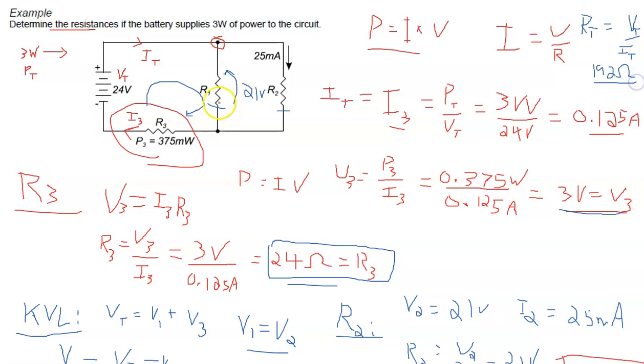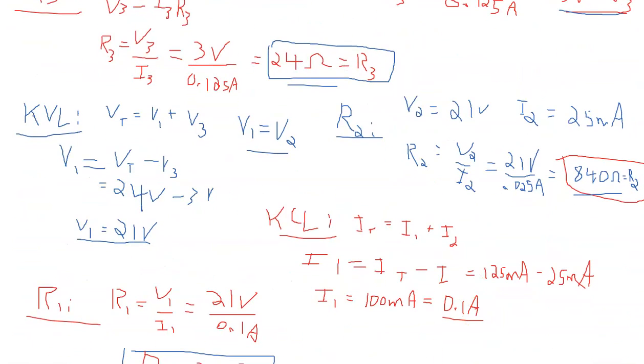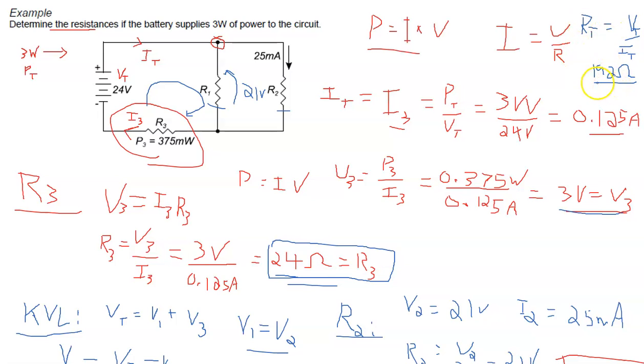Now, in order to check this, do product over sum for R1 and R2, which is 210 multiplied by 840 over 210 plus 840, and you come up with 168 ohms. And the total resistance of this circuit is the 168 plus the 24, and that'll verify that you can calculate RT in two ways and come up with 192 ohms both times.